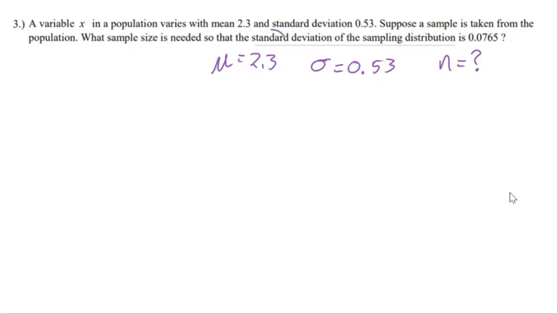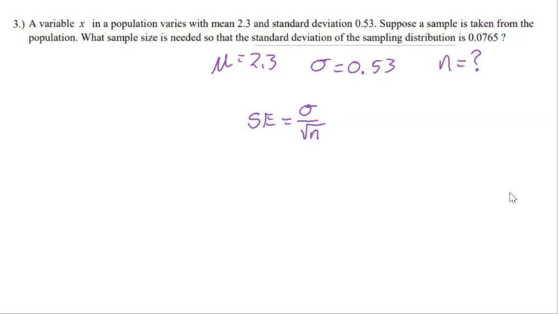Well, remember that the standard deviation of the sampling distribution, that's the standard error. And the formula for the standard error is sigma divided by the square root of n. Well, we're told that the standard deviation is 0.53, and we want the standard error to be 0.0765. So we've got some algebra to do here.